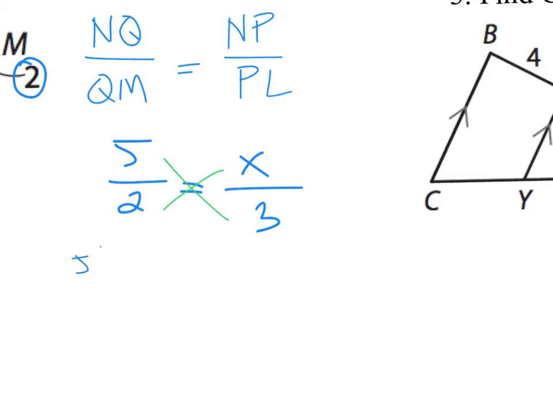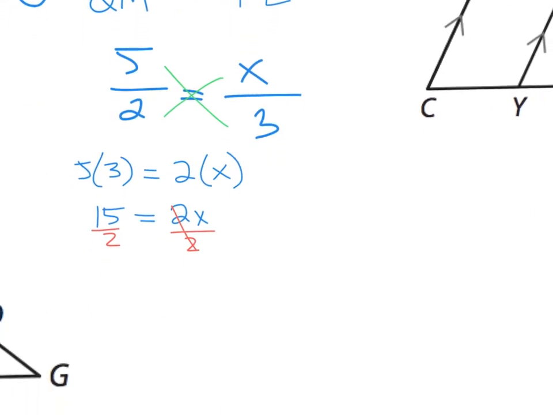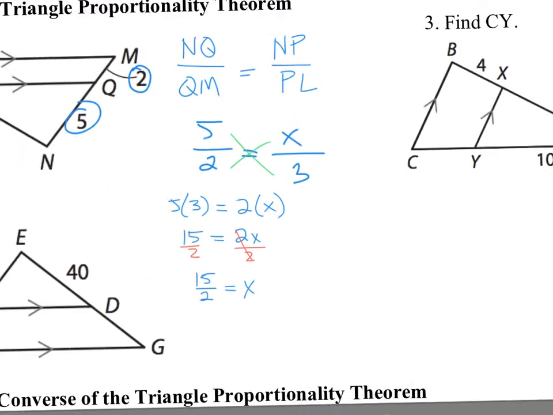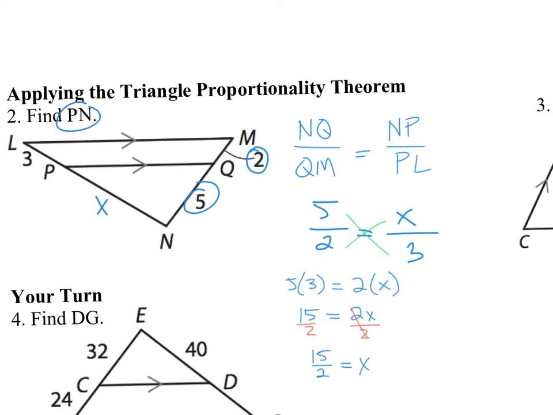So we get 5 times 3 equals 2 times x. 5 times 3 is 15. 2 times x is 2x. Divide both sides by 2. So x equals 15 over 2. So it wanted us to find that distance of PN, and that's going to be 15 over 2.